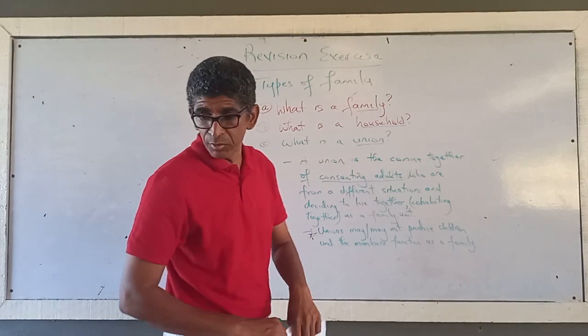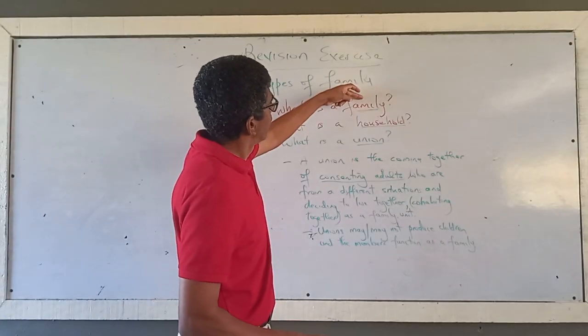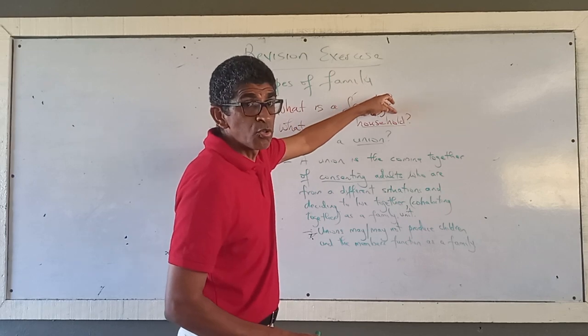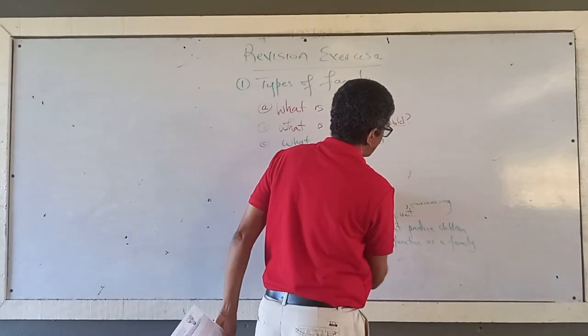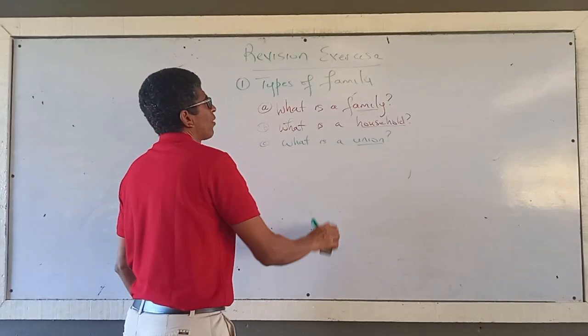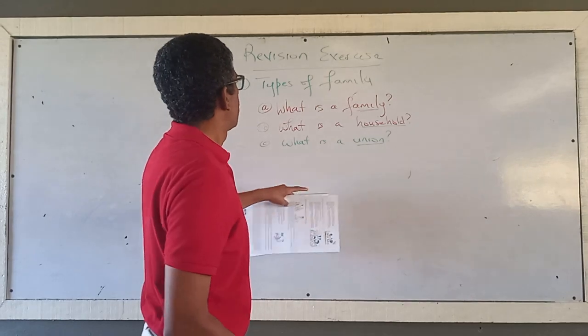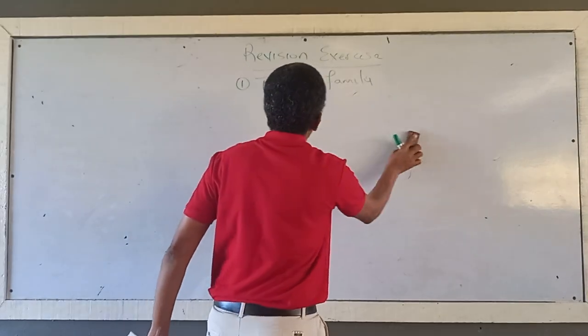Okay, so remember now, it is important that you understand the concept family as against household as against union. Alright? Good. Now that we have a clearer understanding of what is a family, what is a household, and what is a union, let's look at the types of family now.